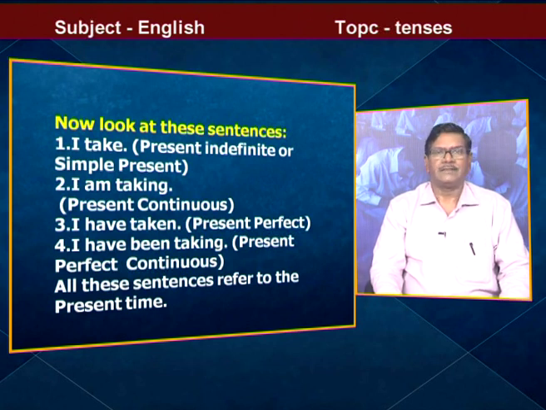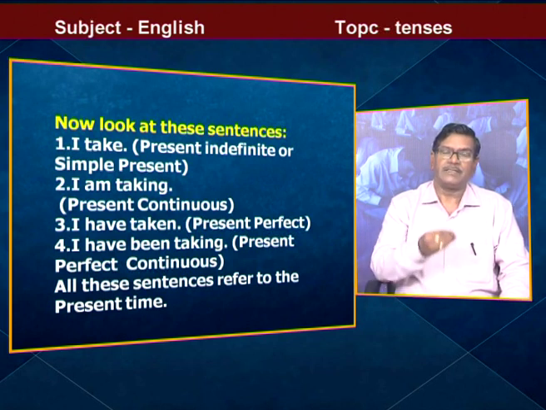I have taken lunch just now, I have finished it. I have taken lunch just now, present perfect. I have been taking lunch for the past half an hour or 20 minutes or 15 minutes. I have been taking for the last 20 minutes. It is present perfect continuous.